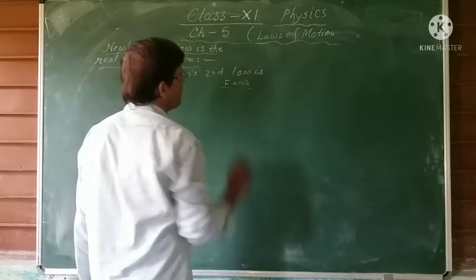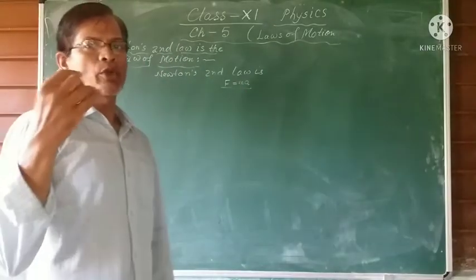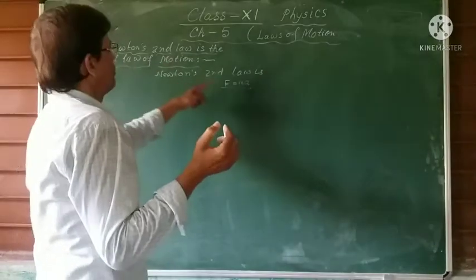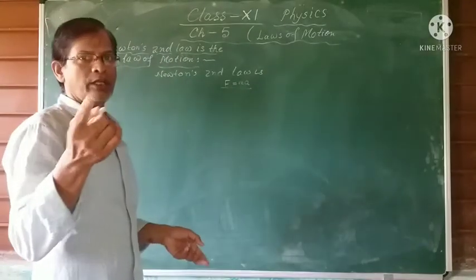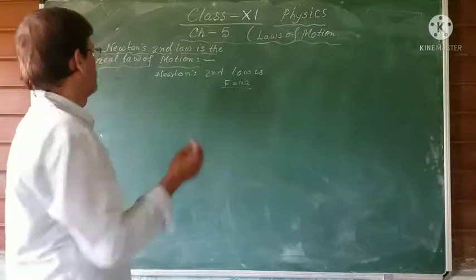F equal to ma. So we have to proceed in two ways: from Newton's second law we will get the first law, and from Newton's second law we will get the third law.